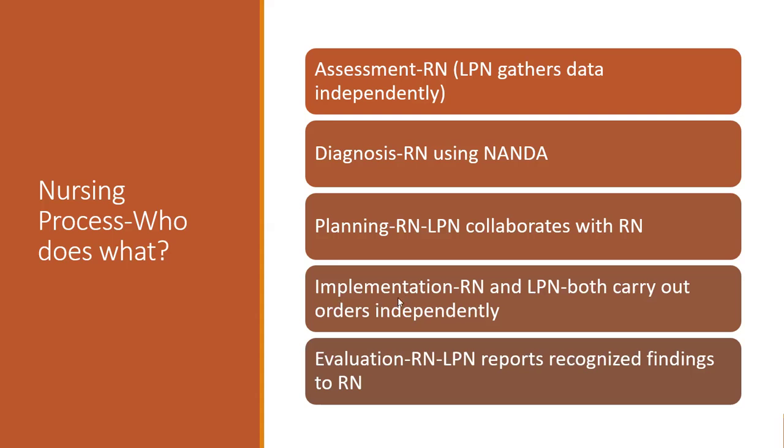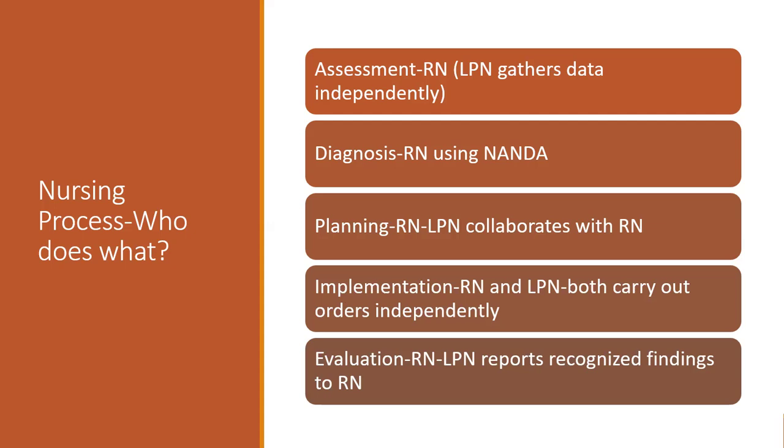What that means is the RN does not have to be at that person's side while they're gathering that information. The information that we gather from the assessment is subjective and objective data, which we'll talk about in a couple more slides. Subjective data is that information we get from the subject, the patient or the client.